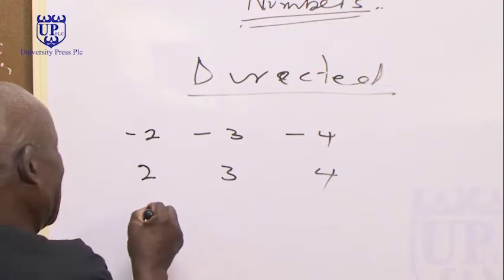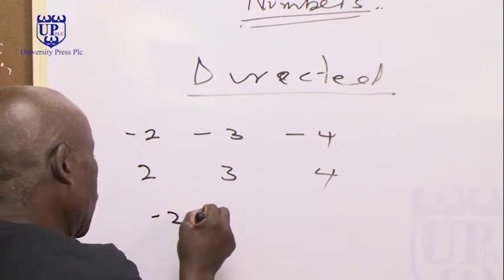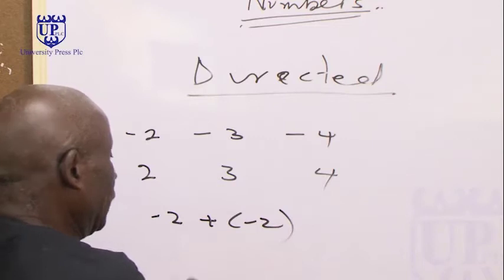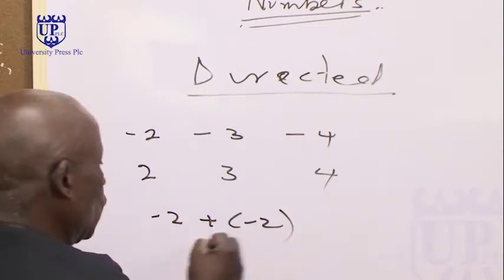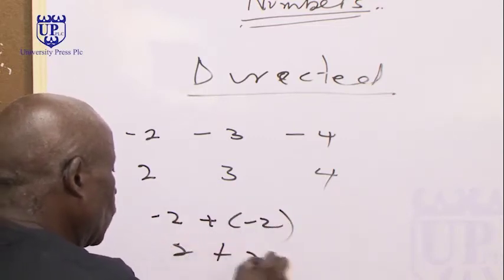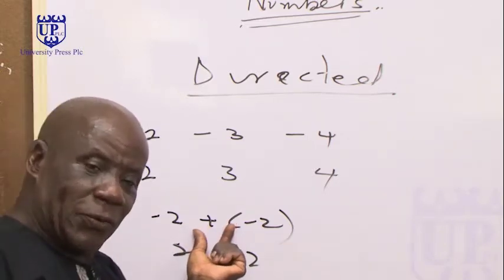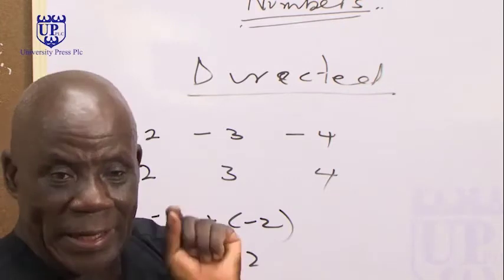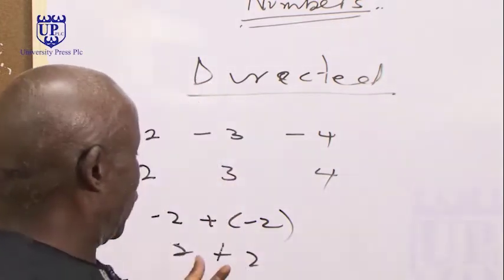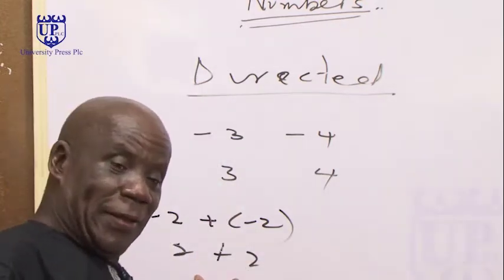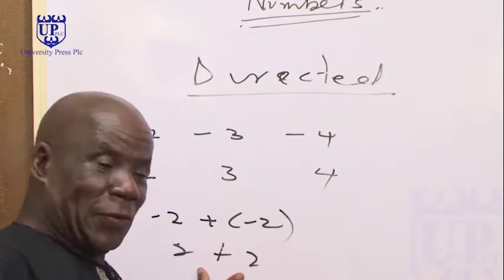If you are to add minus 2 plus minus 2, it is different from 2 plus 2. You are summing up two negatives, no doubt you are getting a negative number. Here you are summing up two positive numbers, you are going to get a positive number.